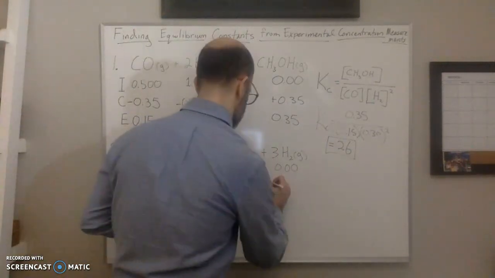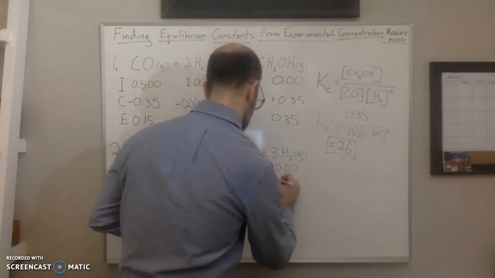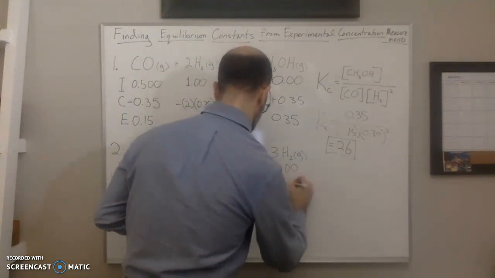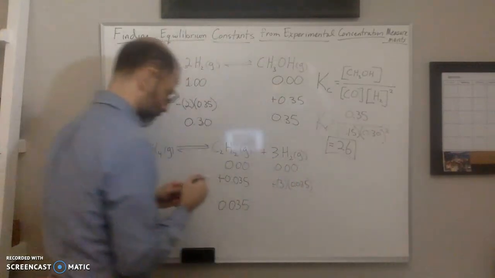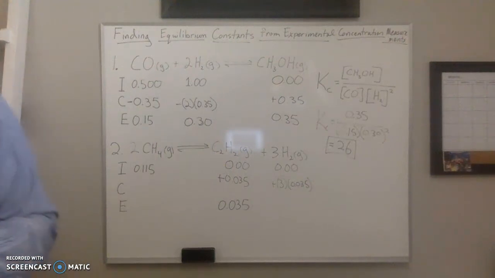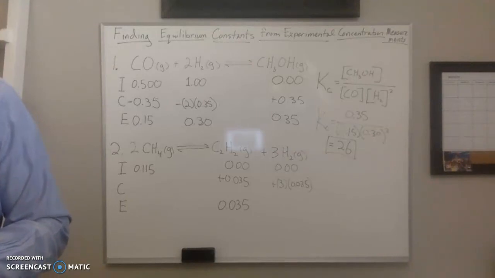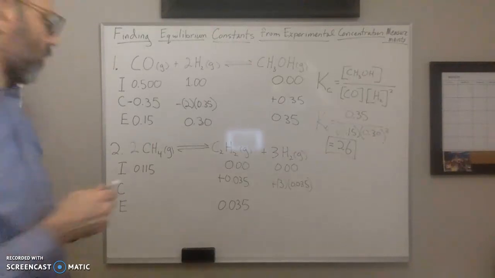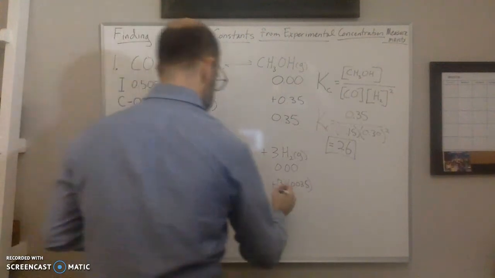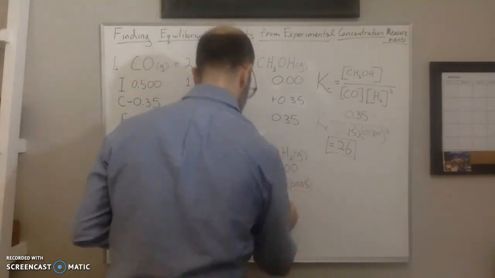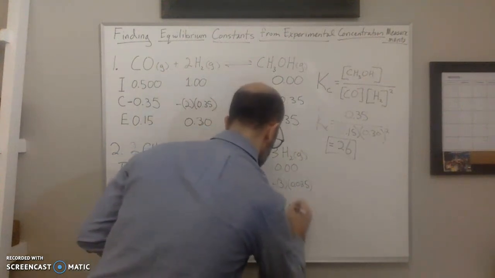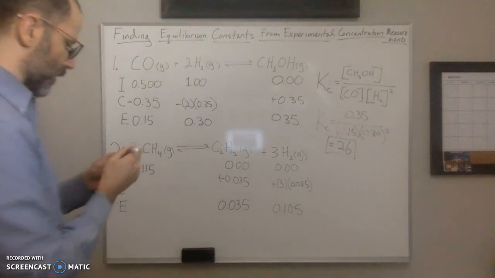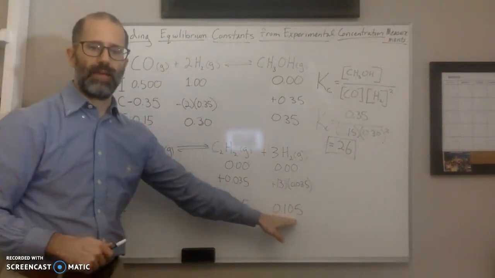So this is going to be an added 3 times 0.035, and that's going to be 0.105. So I'm going to gain 0.105 here in my equilibrium. So this is what I should have at equilibrium.